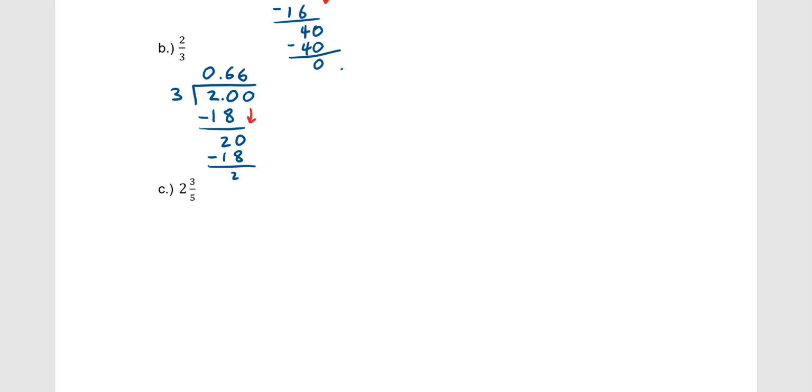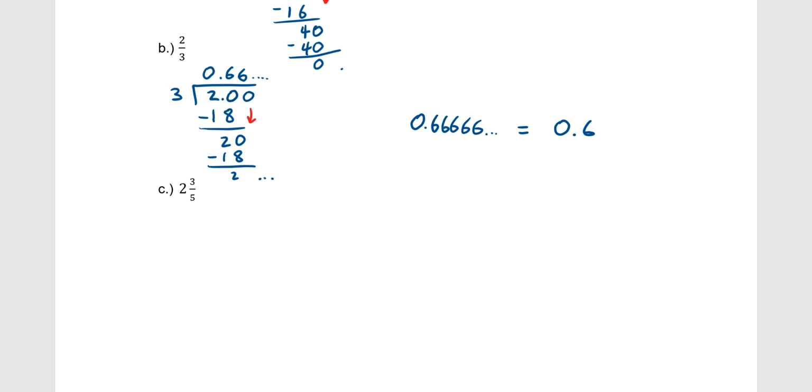So if you recognize, this was actually going to keep on going on forever and ever. The same pattern. 20 minus 18 is 2, 20 minus 18 is 2. So we're going to keep on getting a 6 up in that quotient. So whenever that happens and it's repeating, so we get 0.6666666 repeating, dot, dot, dot. What we could do to signify that it's repeating is put a bar over it.